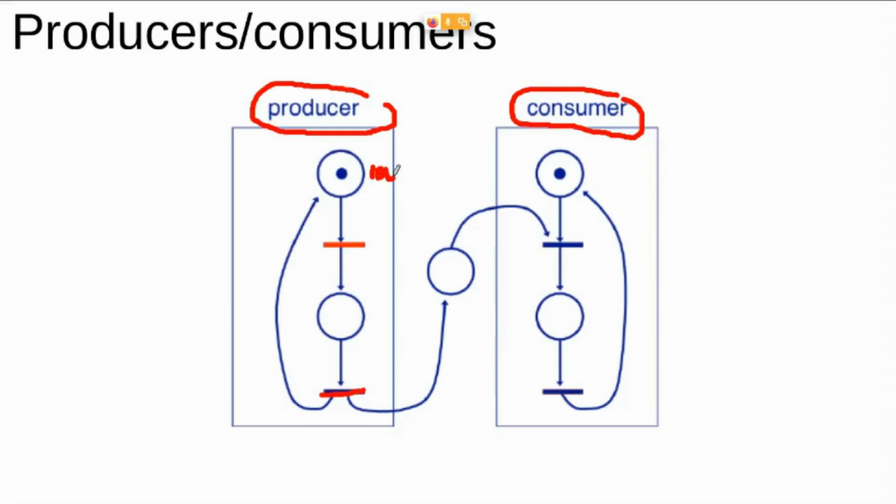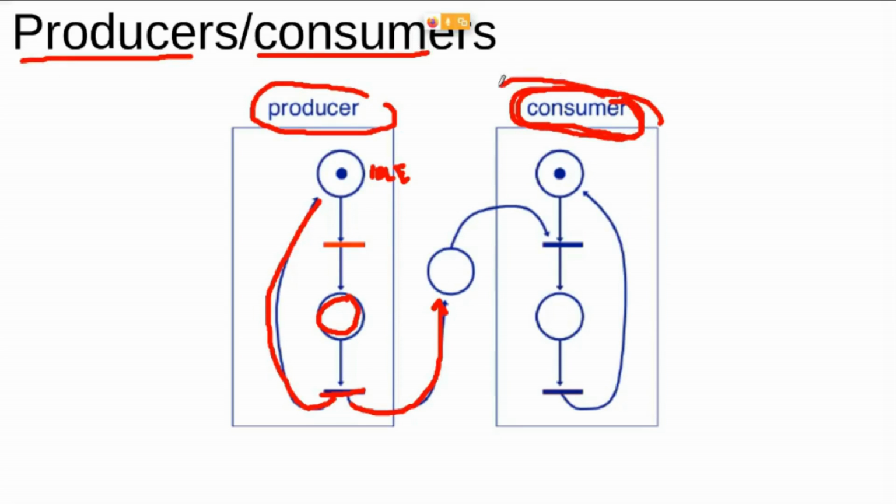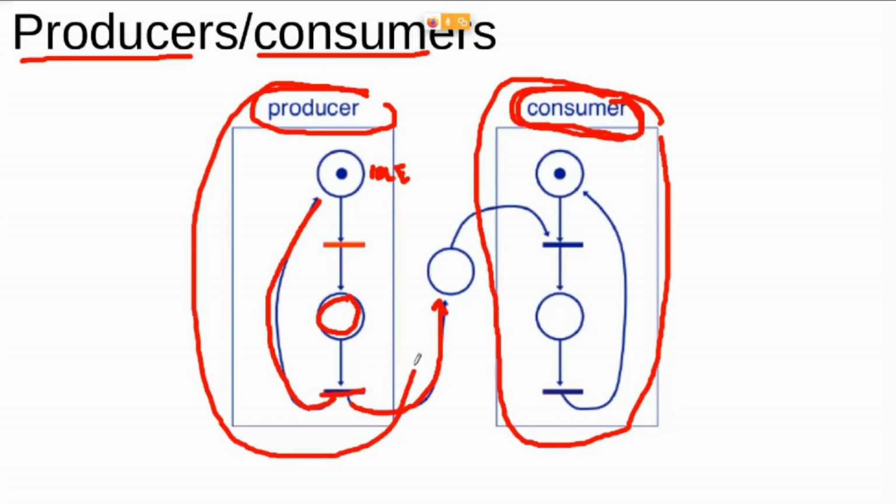Here we have idle, and here we have busy, okay? When the process ends, the machine becomes idle, and then the product is ready to be consumed here, is ready for the consumer. So that's a very common situation of a producer-consumer. So before a process starts, we need a previous process to be finished, to be ended.